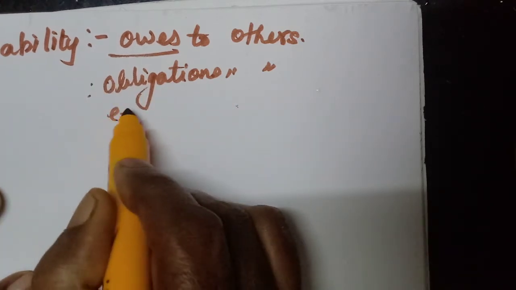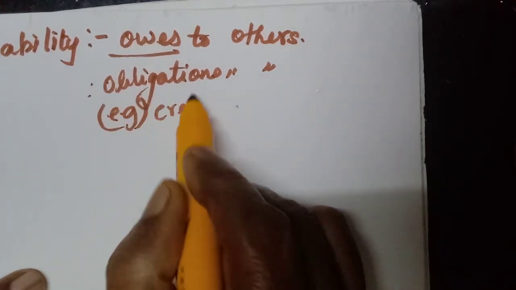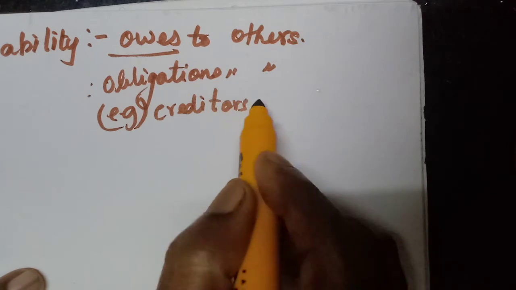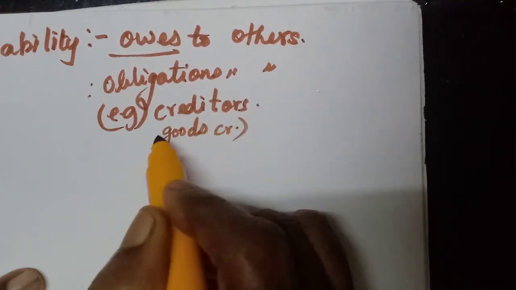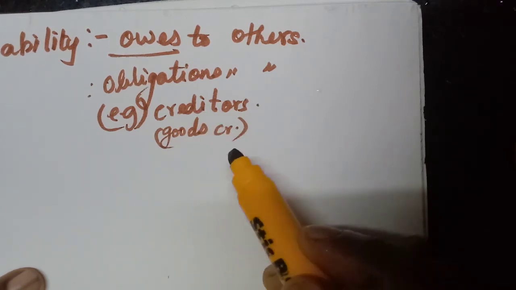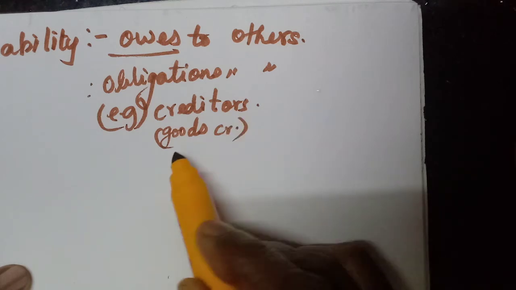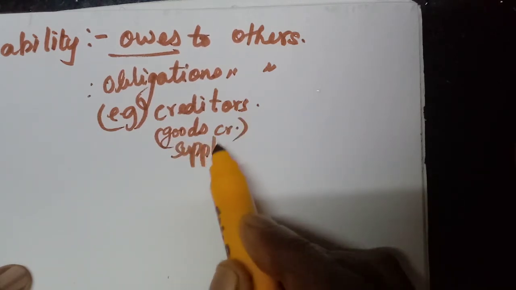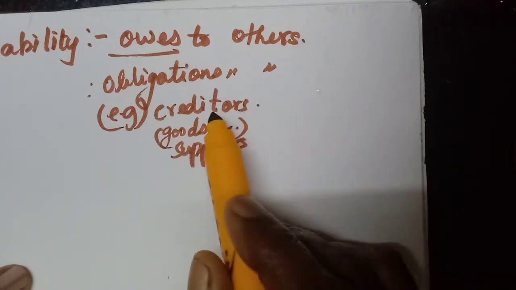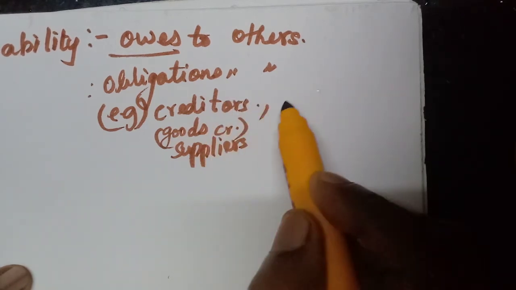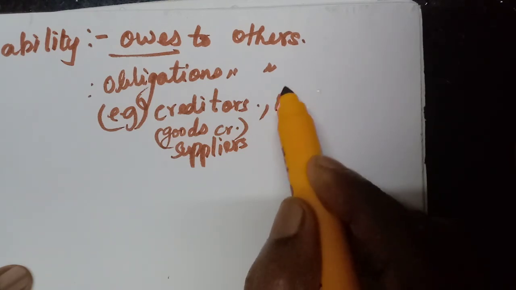Examples for liabilities are creditors. When we purchase goods on credit from suppliers and do not pay immediately, they are called creditors. Then bills payable.